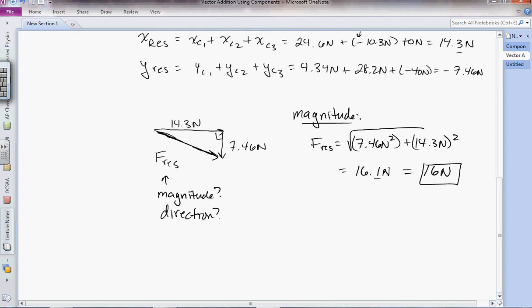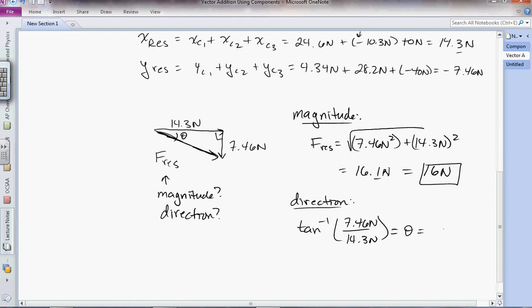Now if that's all we said, we wouldn't have completely answered the question of what the resultant force is, because I need a direction as well. So to get the direction of this force, I'll use right angle trig: the inverse tangent, because this is the angle we want, of the opposite side, 7.46 newtons, over the adjacent side, 14.3 newtons, will be equal to theta.